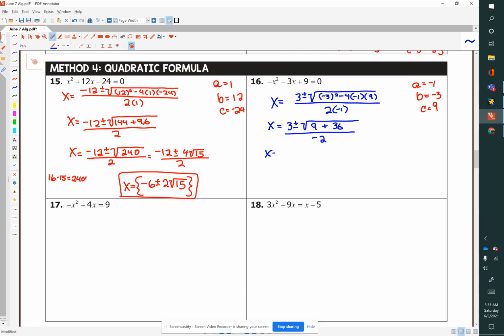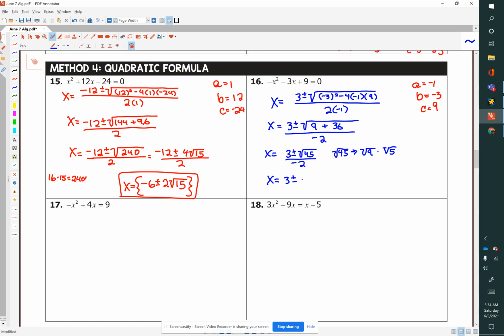And let's keep going. X equals 3 plus or minus square root of 45 divided by -2. And we can think of 45 as 9 times 5. 9 is a perfect square. So x equals 3 plus or minus. So 45, the square root of 45, we're going to think of that as the square root of 9 times the square root of 5.